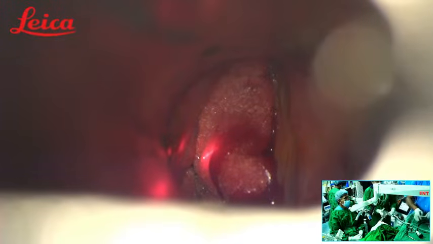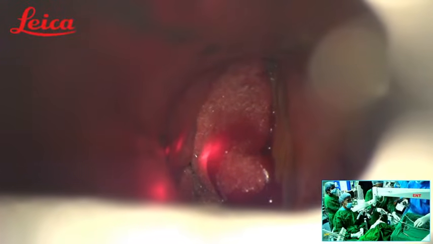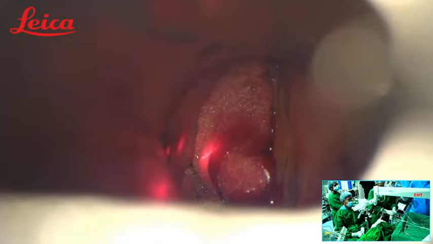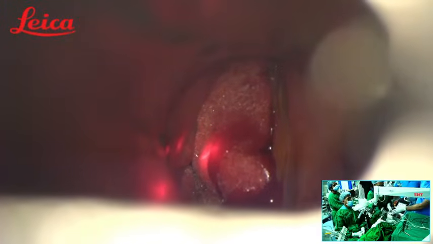So now we are done with the procedure. As Akshay said, we have to preserve and protect the inferior border or the inferior surface of the vocal fold. So when you are doing a cold steel method, you will create a mini micro flap.